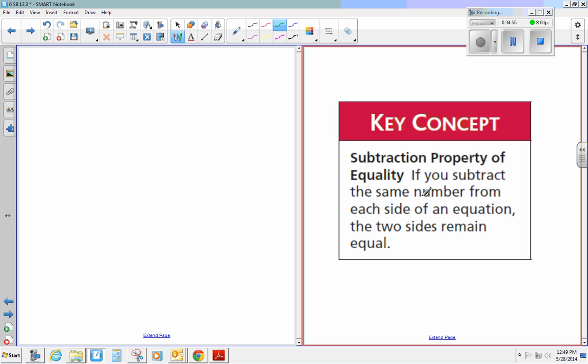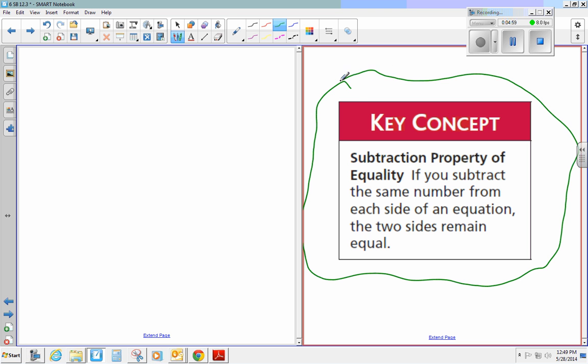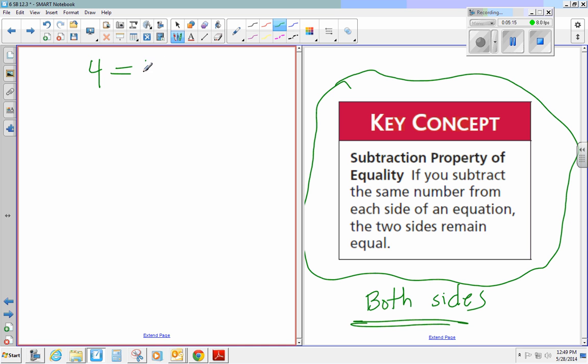All right, so this key concept here is basically when I say both sides. When you do something to both sides, the equation doesn't change. Like, let's say 4 equals 4. That's equal, right? Well, let's add 1 to both sides. 5 equals 5.